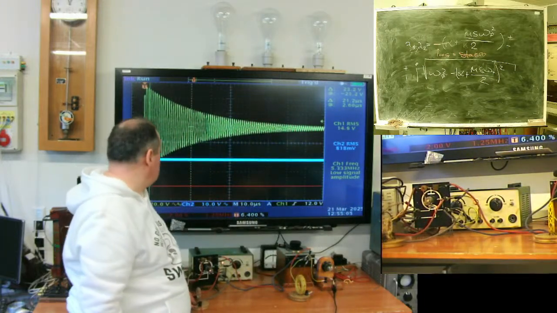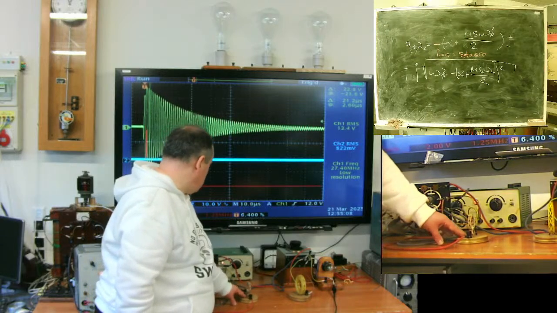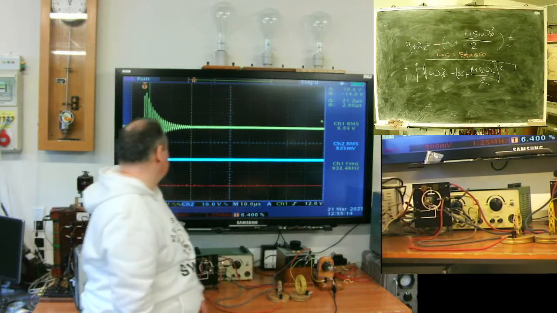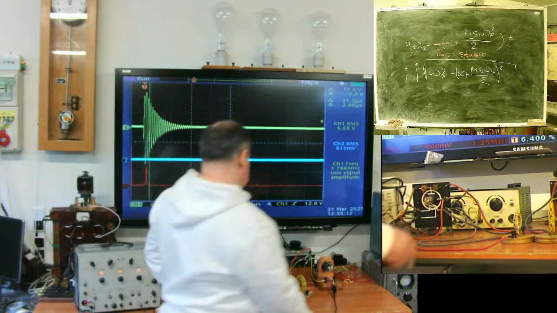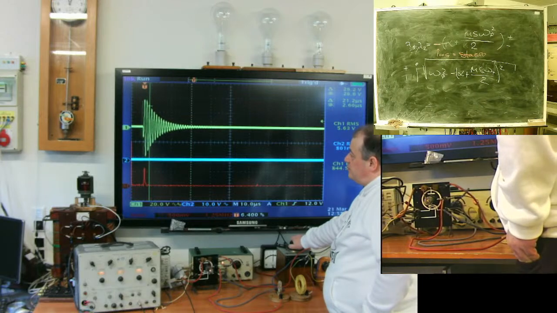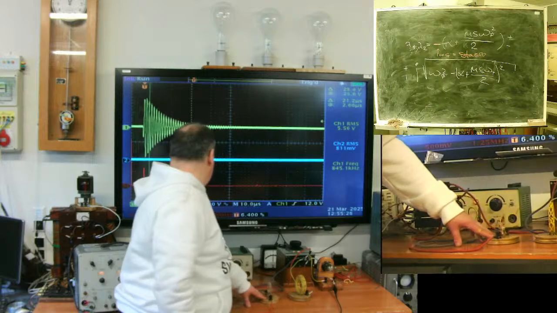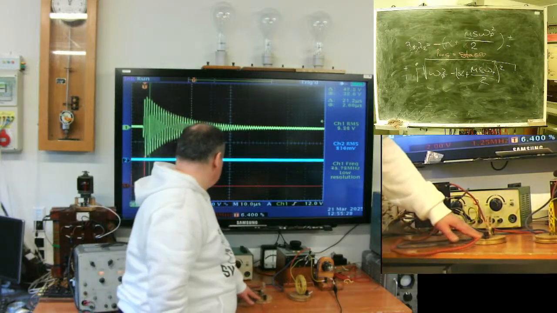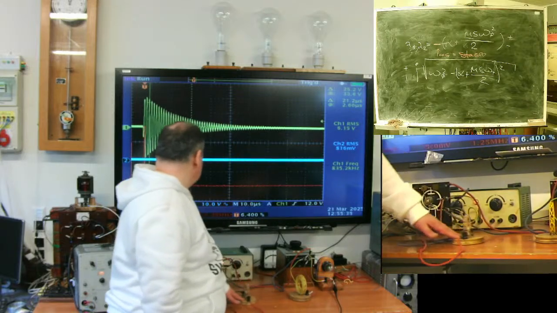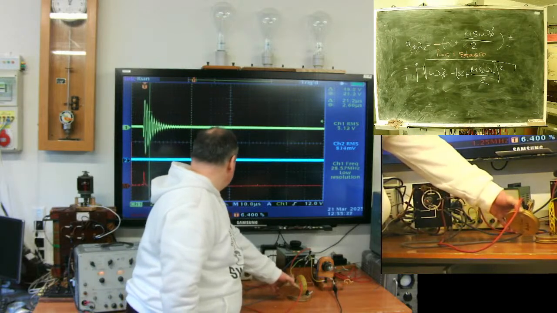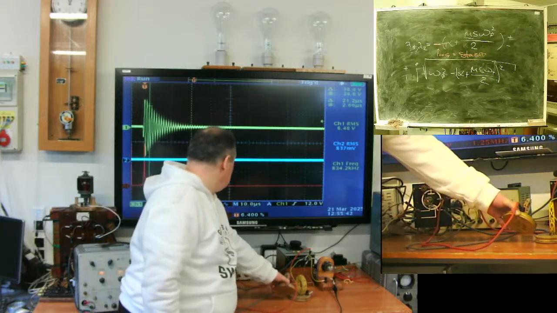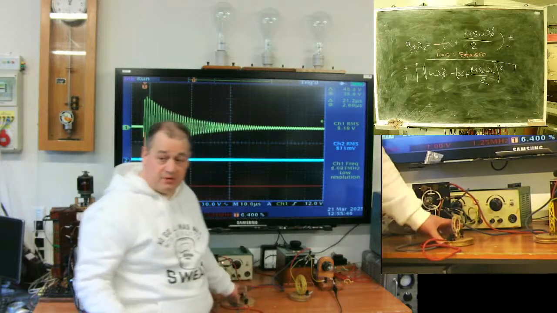Small coupling, higher, higher. See, negative feedback makes my system damped, more stable.